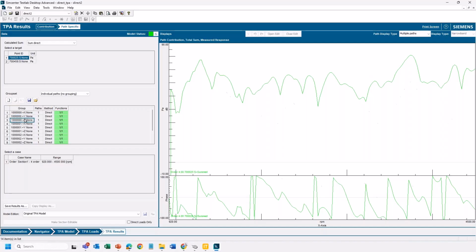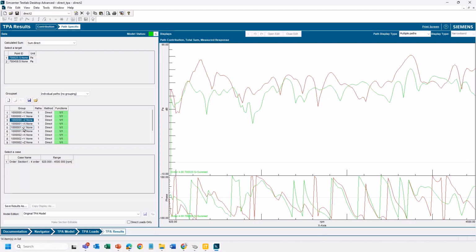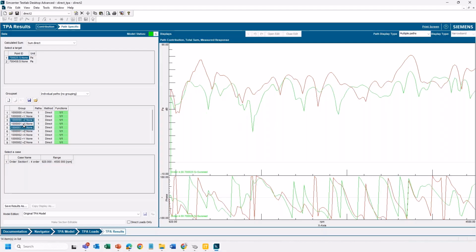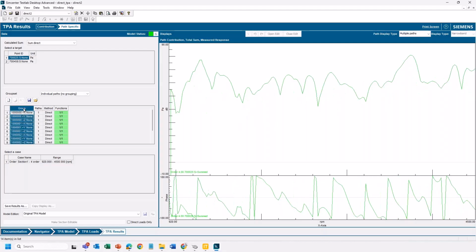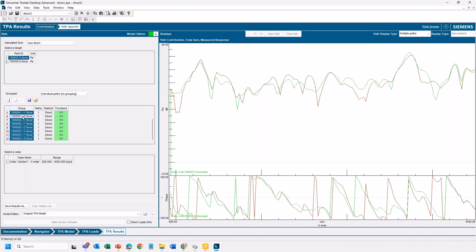I could sum two together. If I highlighted two, so I'm holding down the control key, that's the sum of those two, sum of those three. I'm going to sum them all, and then I'm going to do the opposite. You ready for this, Steph? We said 1,000,001 in the Z was a big contributor. If I hold down control and I click on this, I have removed 1,000,001 Z from the total.